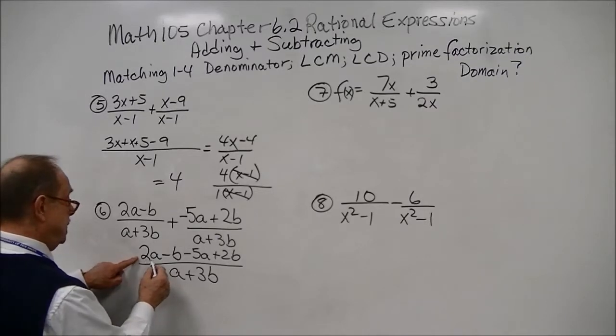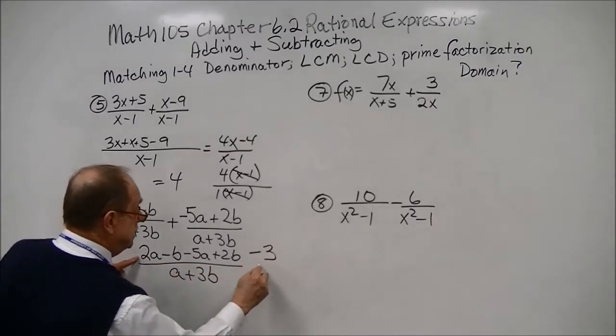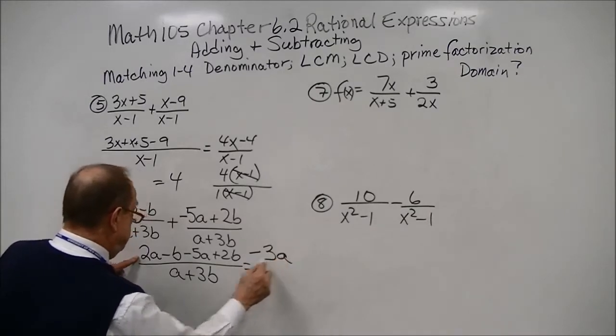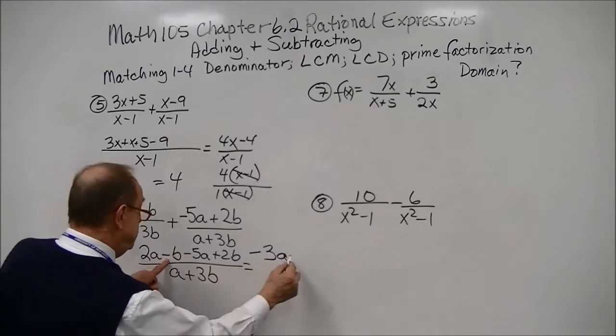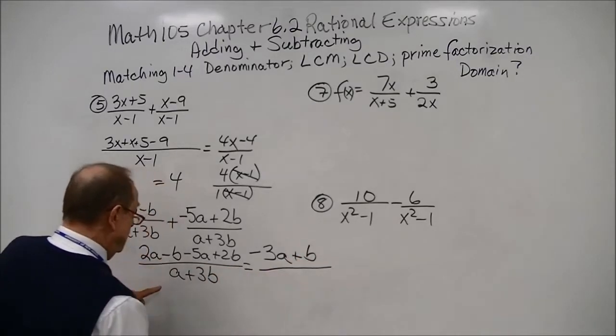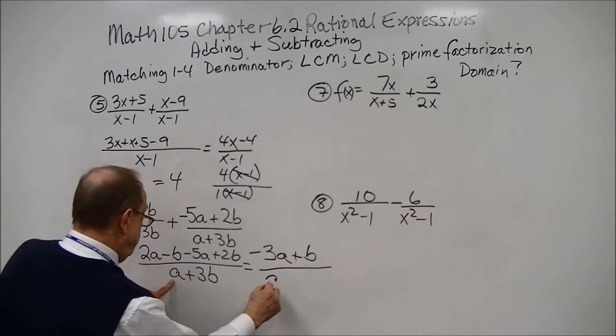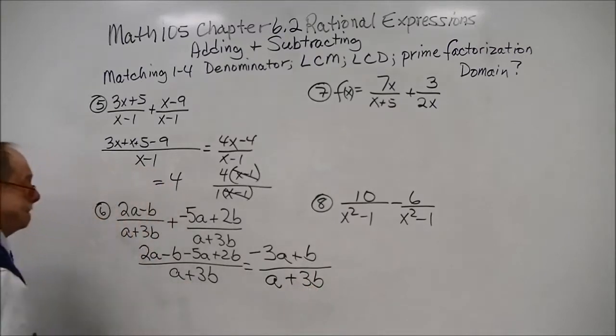We got 2a minus 5a will be a negative 3a. A negative b and a positive 2b ends up with a positive b over a plus 3b.